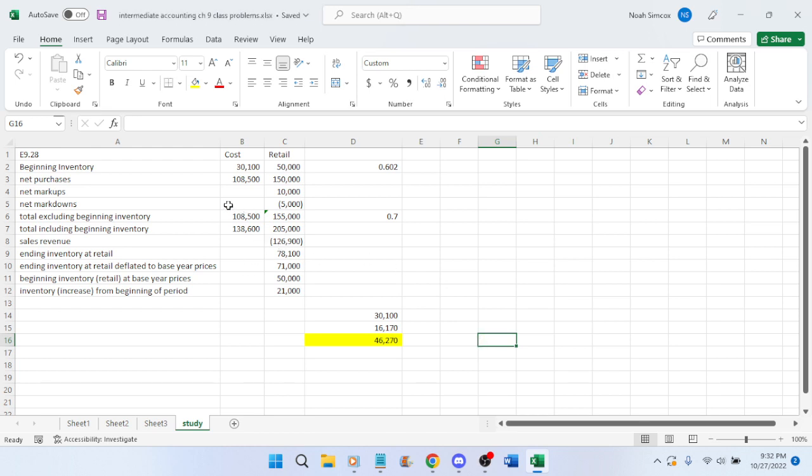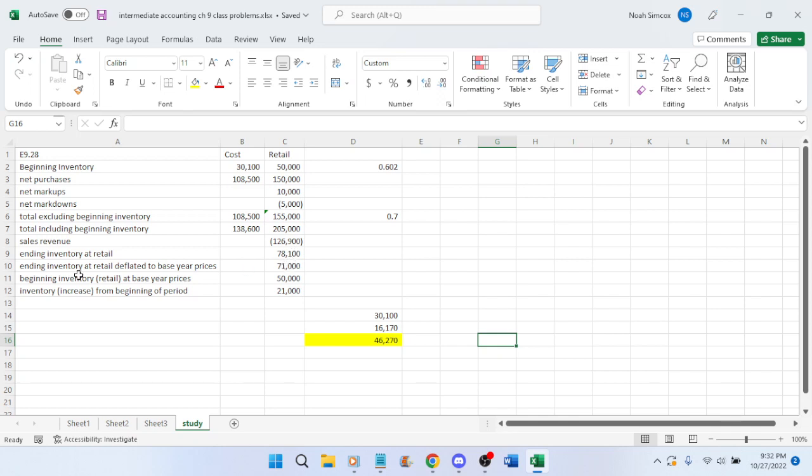The thing I forget, okay, first of all, remember, you include the markup and markdowns. That's one thing you must remember. Secondly, you have this divided by this gets to this. Excluding beginning inventory, this divided by this equals this. Thirdly, ending inventory at retail deflated base year price: you do this divided by 1.1 equals this.